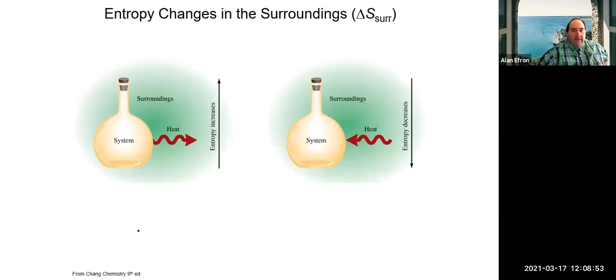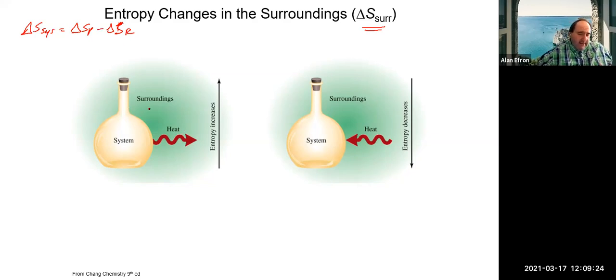So let's talk a little bit about the entropy change, the delta S, of the surroundings now. To calculate the delta S of the reaction or the system, that is our products minus our reactants. To calculate the surroundings, it's a little bit different. So let's talk about what happens in a normal situation. On the left, we have the system, our flask, giving off heat and energy to the surroundings.